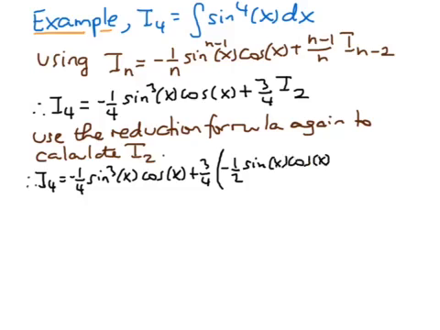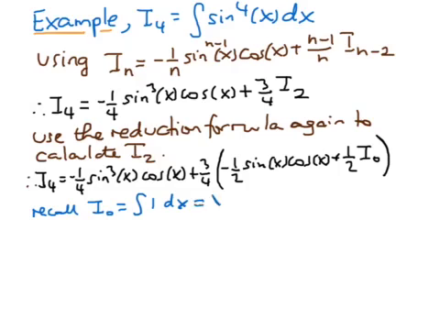I'm not going to write sine to the power 1 of x, that's all that sine of x means, plus 1 half, and then it's I sub 0. So let's now just recall that I0 is just the integral of 1 with respect to x, because sine to the naught is 1, so it is therefore x plus some integration constant.